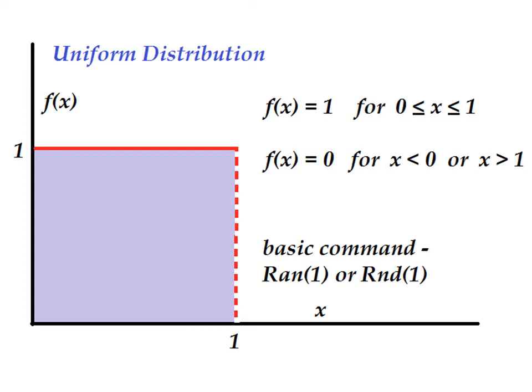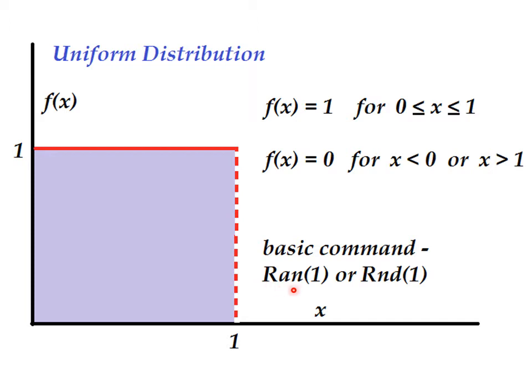Okay, we're going to begin by using a uniform distribution. The reason for this is because many basic programs utilize as a basic command RAN1 or RND1 depending upon the program itself. You can download QBasic or BBasic, and I believe it's RND.